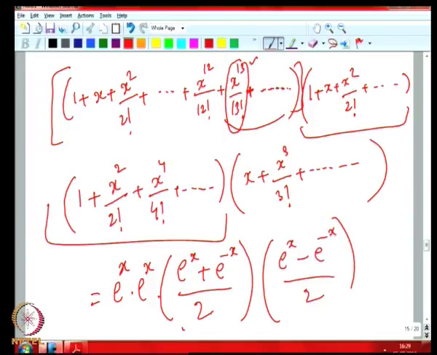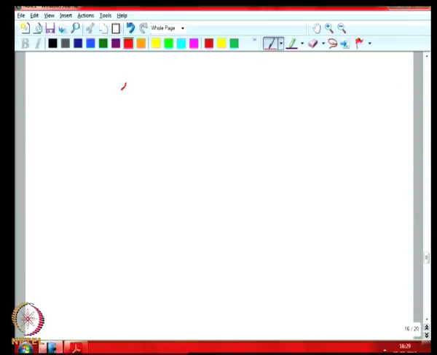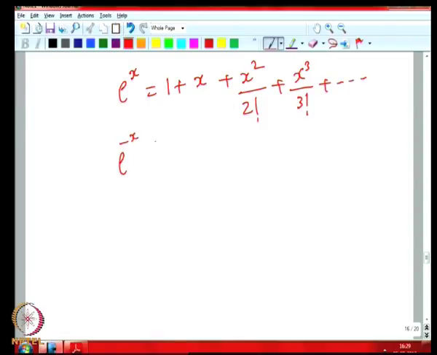Why is it so? These two things I have to substantiate. I will just write once again what e to the power x is: 1 plus x plus x square by 2 factorial plus x cube by 3 factorial and so on. Now what is e to the power minus x? This is 1 minus x; wherever you see x, put minus x. This will be x square by 2 factorial, because squaring kills the negative sign, and this will be minus, because it is an odd power, x cube by 3 factorial, and then plus and then minus like that.